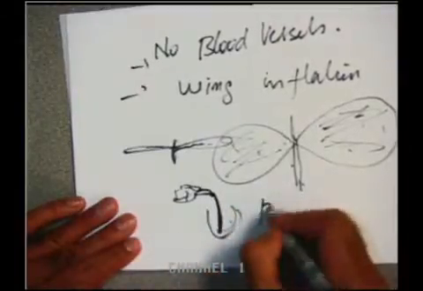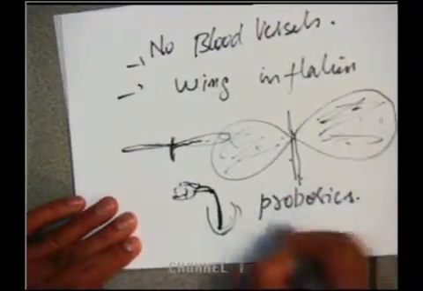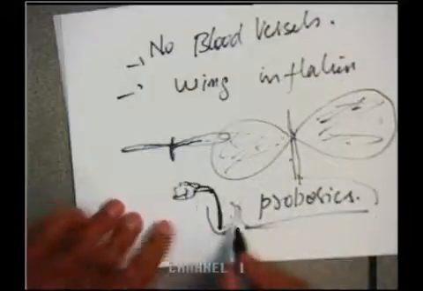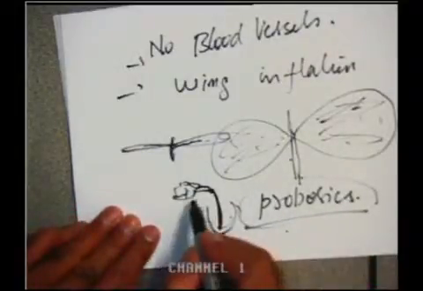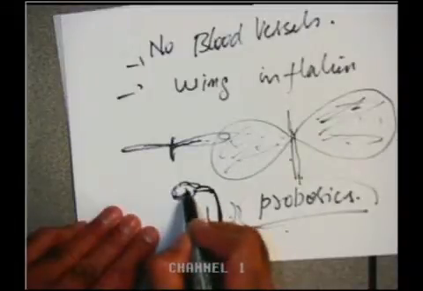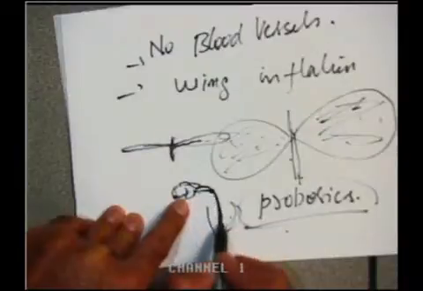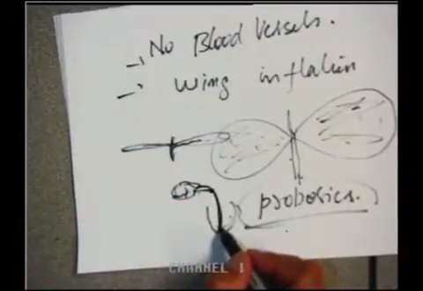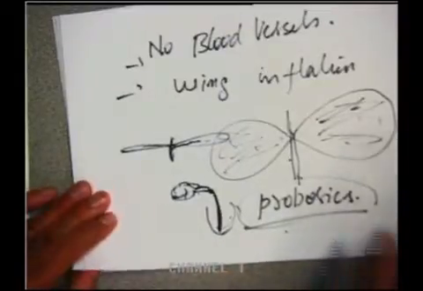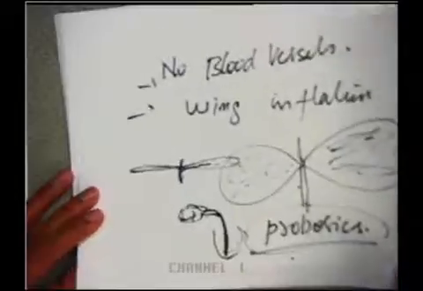We call it the proboscis. You can extend it, and the circulatory system helps with that. Because of this open circulatory system, it is easy for them to increase the size so that they can suck the nectar from the flower. Okay, do you follow the open circulatory system? Yes or no?